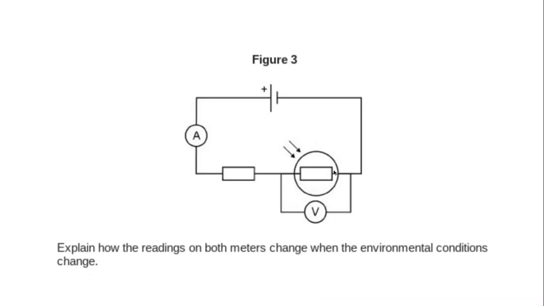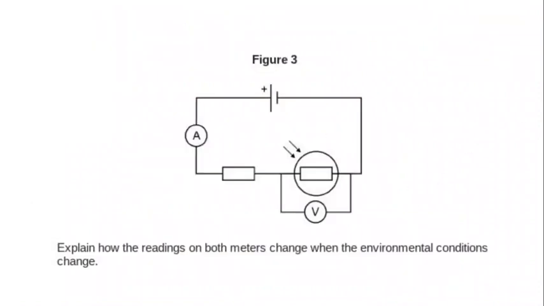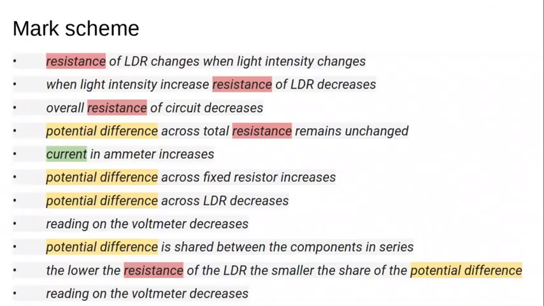So the potential difference across here is going to be greater. There's going to be a bigger difference. Because the current decreases, we know the ammeter, which measures the current, is going to have to decrease as well. And as I've just said, the potential difference across the LDR, because the voltmeter is put around the LDR, is going to increase as a result.